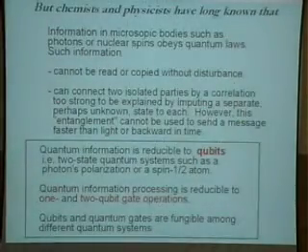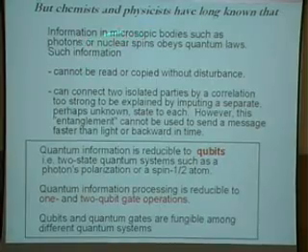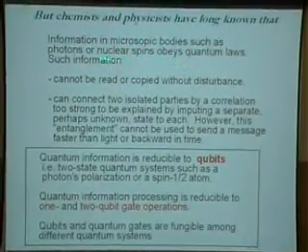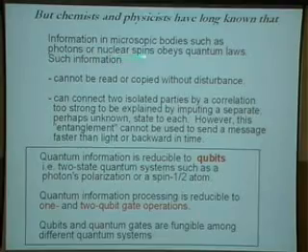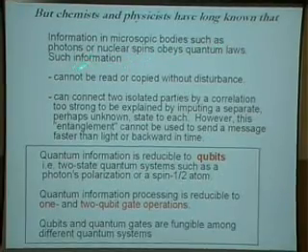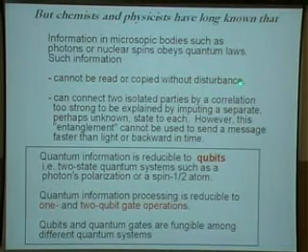And as I said, chemists and physicists, when they think about distinguishable states, have long known that the information in atoms and photons and so on, in general, cannot be read or copied without disturbing it.